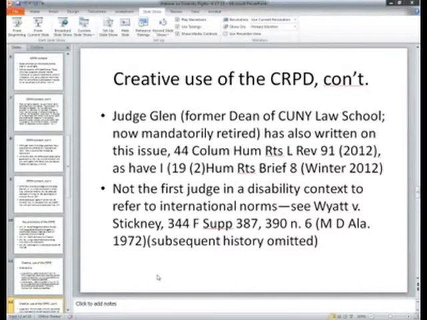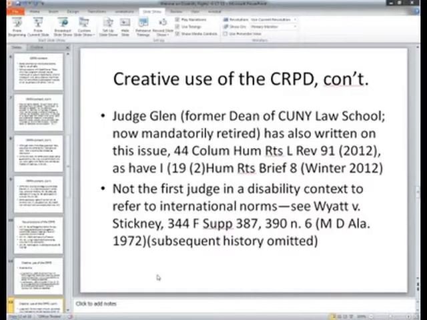And I should say that for those who think that she's way out there on sort of looking at international law, for those of you who go back a ways and have dealt with or are aware of the landmark case of Wyatt versus Stickney from Alabama, Judge Frank Johnson, way back in 1972, actually referred, in a footnote, to the Declaration on the Rights of Mentally Retarded Persons as supporting the very extensive court order that he entered back in that era.